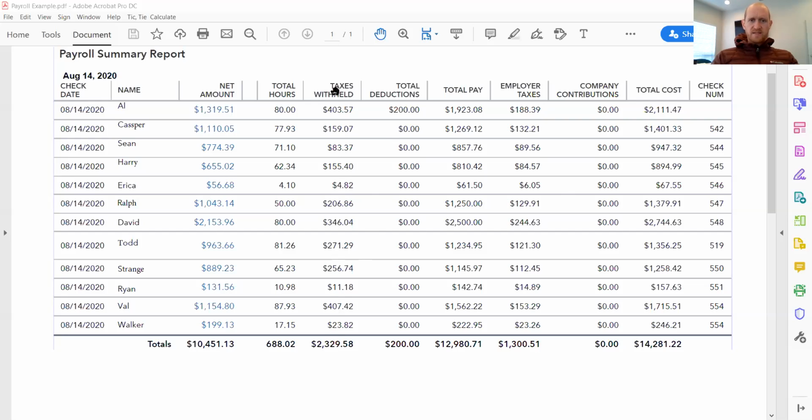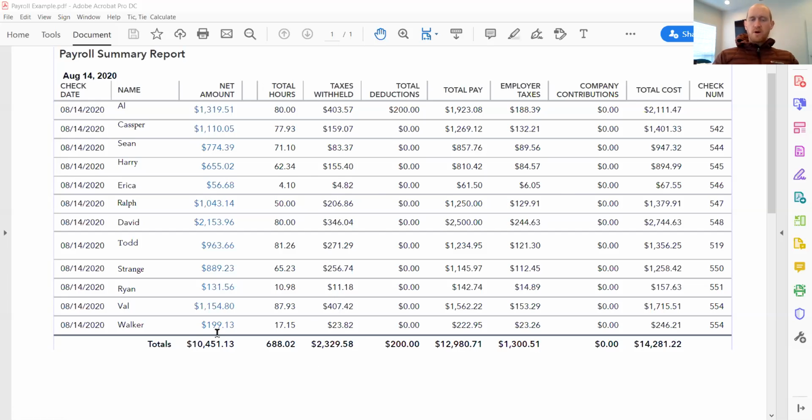So that is taxes withheld. You take the total gross wages minus the taxes withheld, which are FICA, Social Security, and federal and state income tax withheld. That's what that total is. And then the result is this net check.